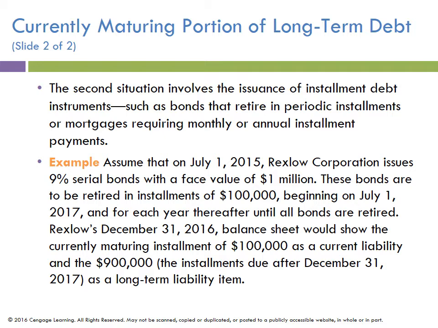Rexlow's December 31st, 2016 balance sheet won't have all $1 million bonds payable as long-term. Instead, the first installment that will be due during 2017 will be listed as a current liability. So $100,000 of the million will be under the current liability section. The remaining $900,000 of bonds payable will be listed as long-term liability. And that's what we're talking about here.